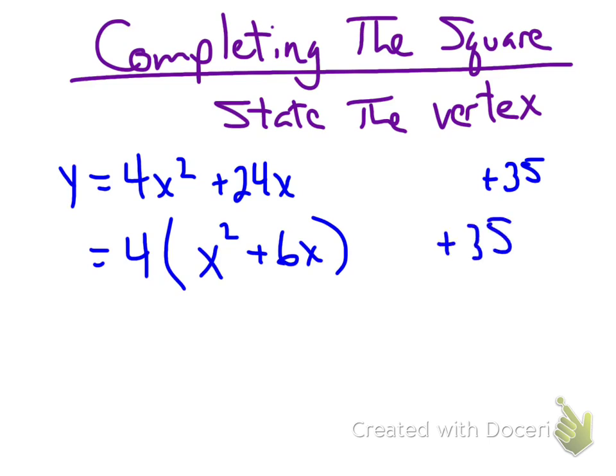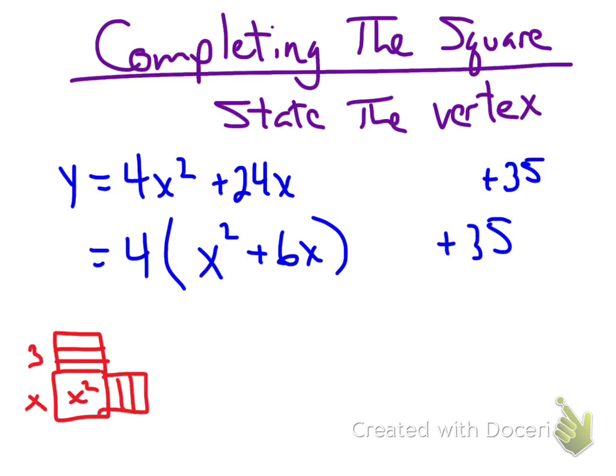I am going to complete the square with this, my x squared plus 6x, but I'm going to be making 4 of those squares. So now if I have my x squared, if I have 6 x's, that means I have 3 of them on each side, giving me an x plus 3 and an x plus 3.